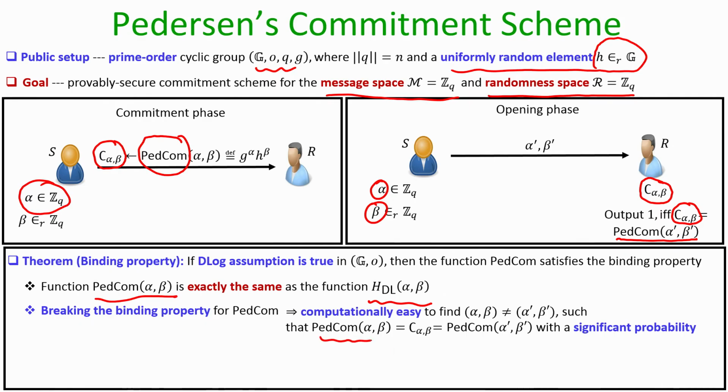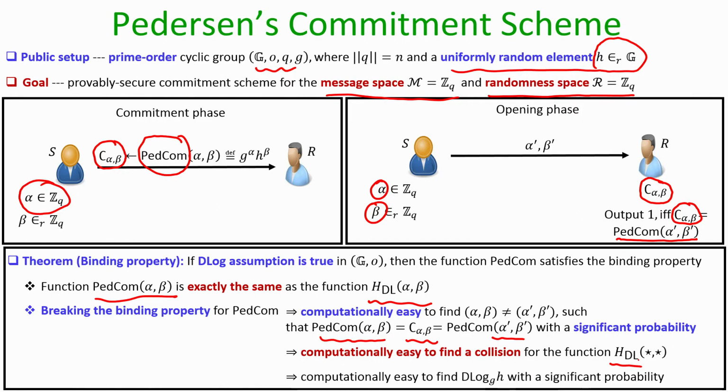such that the commitment function petcom computed on alpha, beta and computed on alpha dash, beta dash gives you the same value, say C sub alpha comma beta. That basically means one knows how to find a collision for the function h sub dl, and if one knows how to find collisions in h sub dl with significant probability in polynomial time, then we know how to compute the discrete log of this random h with respect to the base g in polynomial time with significant probability.